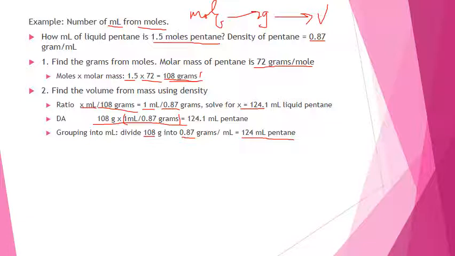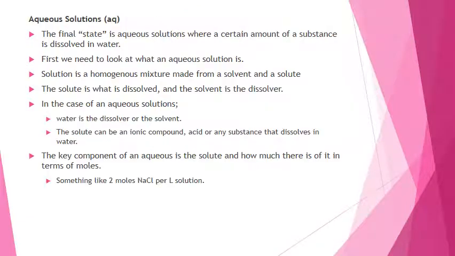Okay, so now we're going to move on. Now for the states, if you're given solids, you just weigh out: you figure out the molar mass, and figure out the mass using molar mass, and vice versa. For gases, if you have volume, you can figure out the number of moles using the ideal gas law, and vice versa.